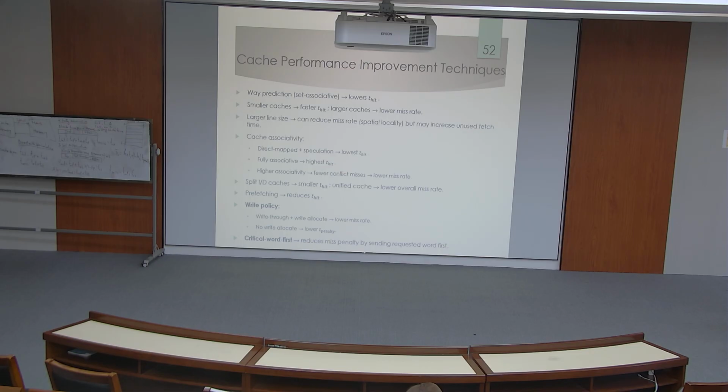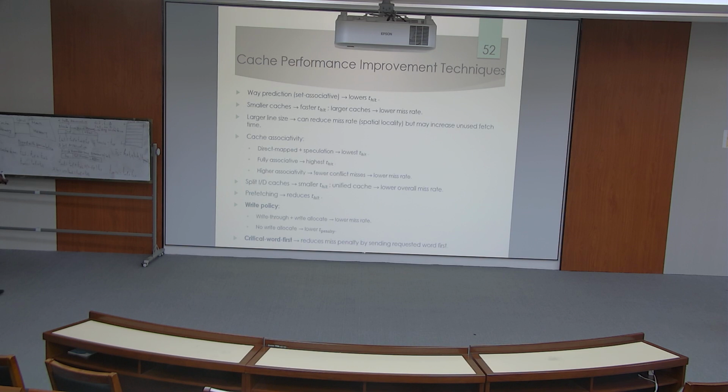When it comes to cache associativity, we have the direct map with speculation. Since the fetching and the matching are done at the same time, this lowers the hit time. Then we have fully associative, which has a significant impact on the hit time. That means we have the highest hit time.